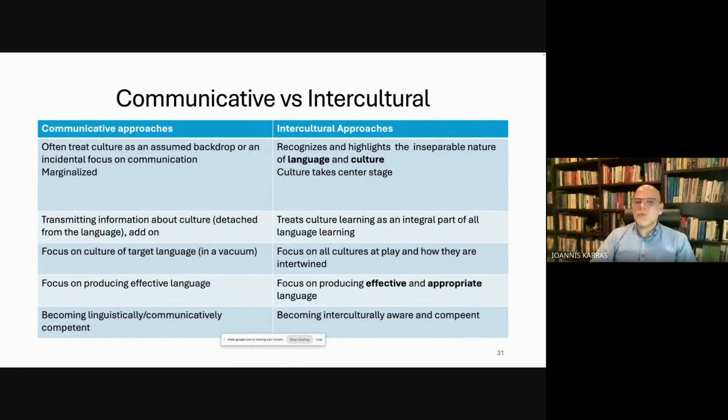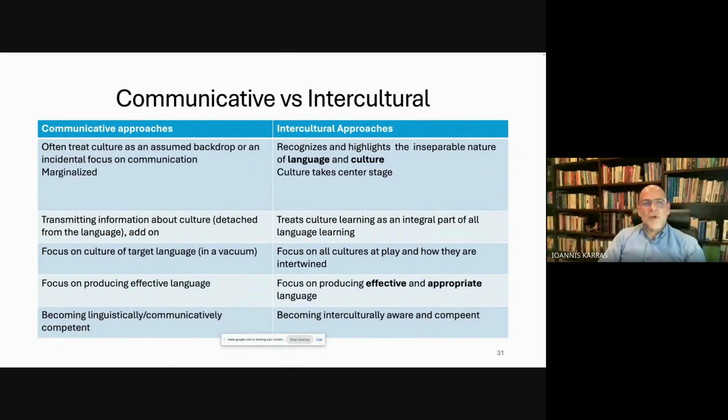Taking an intercultural approach and focusing on culture doesn't mean that you're not focusing on language per se. Intercultural competence and awareness generally encompasses and builds upon linguistic and communicative competences, treating language as a foundational tool rather than a separate skill. So intercultural competence basically includes linguistic competence as well.